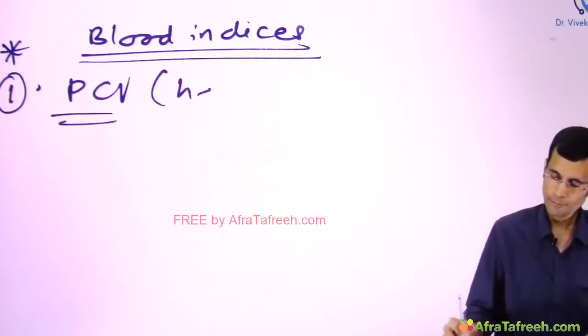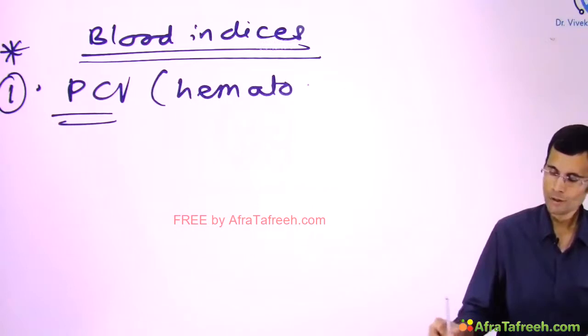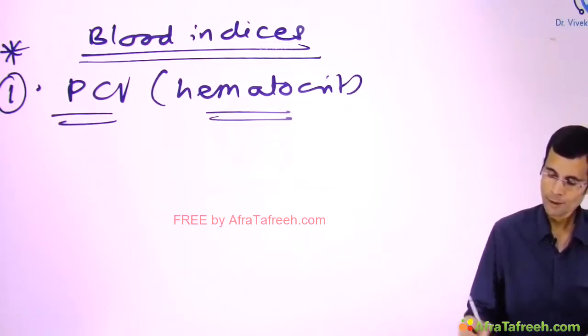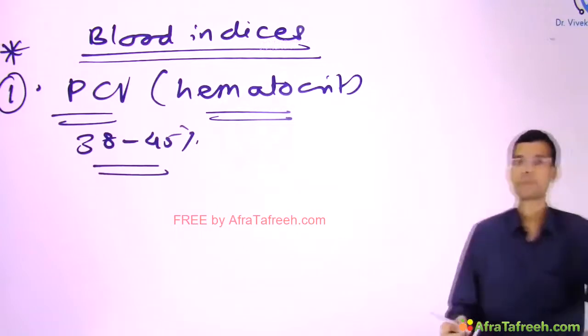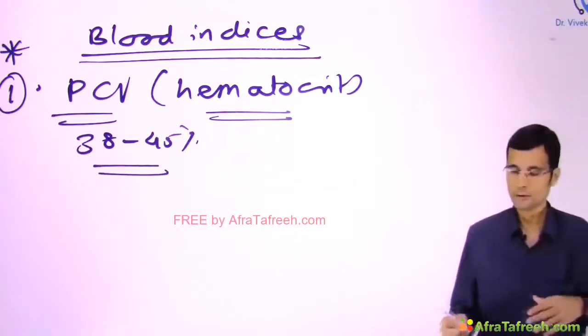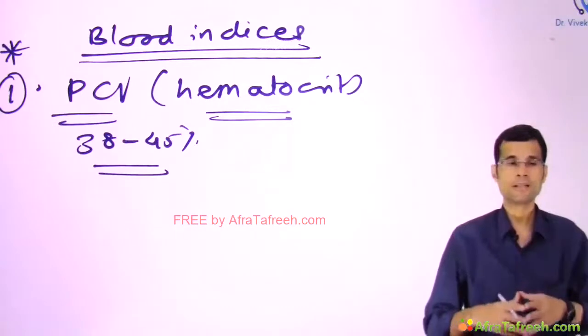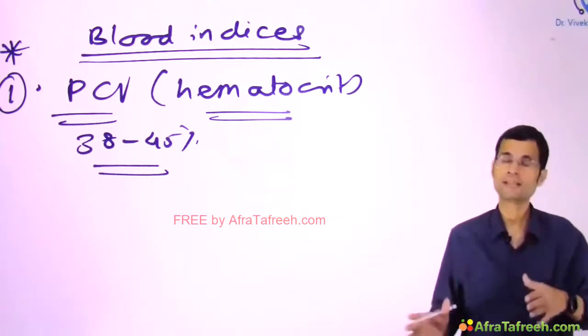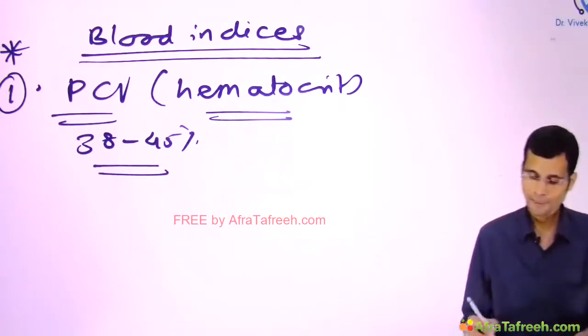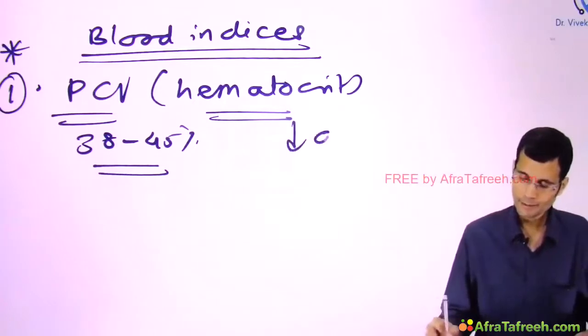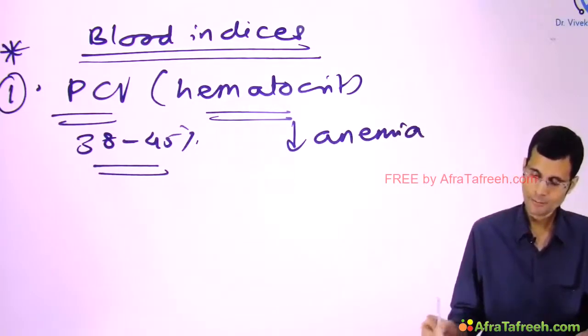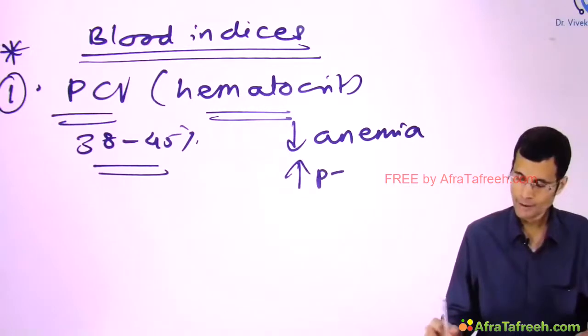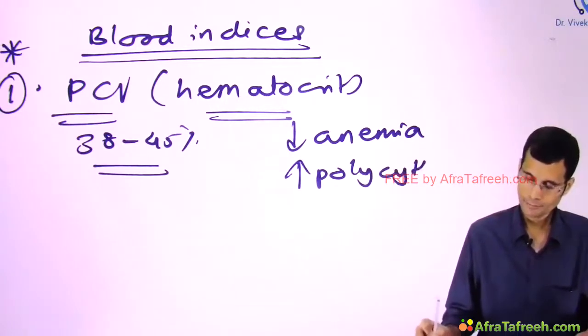PCV, commonly called hematocrit, 38 to 45%. It's the volume of the red cells. Any unit quantity of blood will have 38 to 45% cells and 55% plasma. It will decrease in anemia. It will increase in polycythemia.